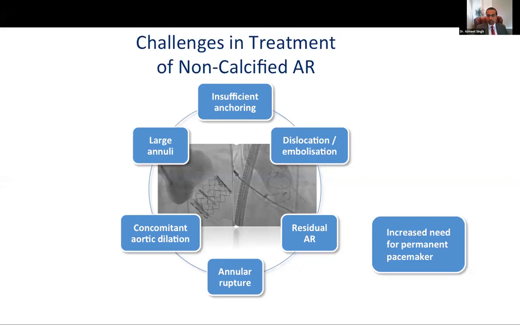And with concomitant aortic dilatation, if you place a CoreValve type of valve in the aortic valve, you might cause more problems in the future if they have to have any surgery. It's very difficult, and our surgeons really hate it. There's also an increased need for permanent pacemaker, which we are always evaluating, whether for AS or AR.